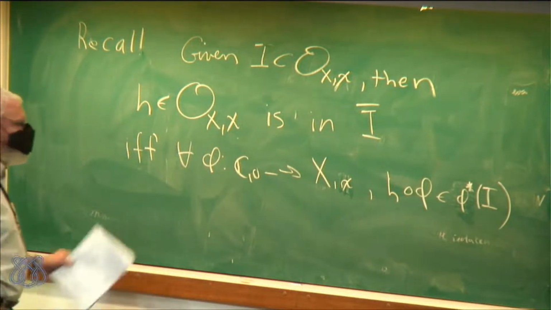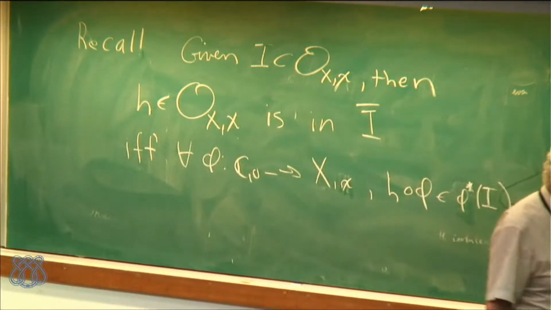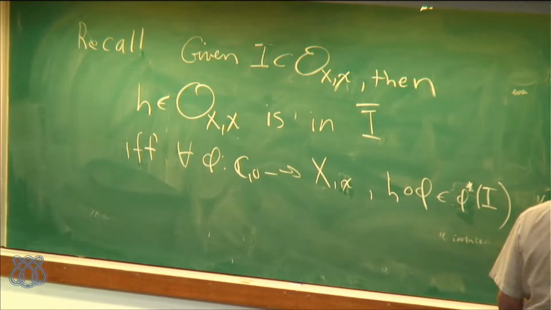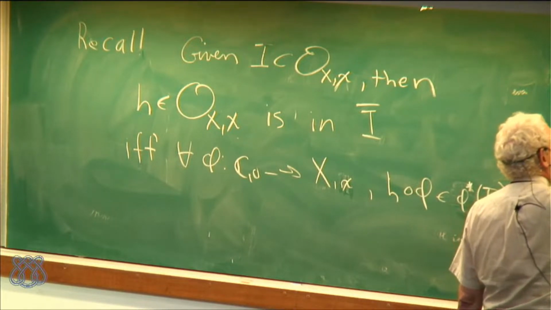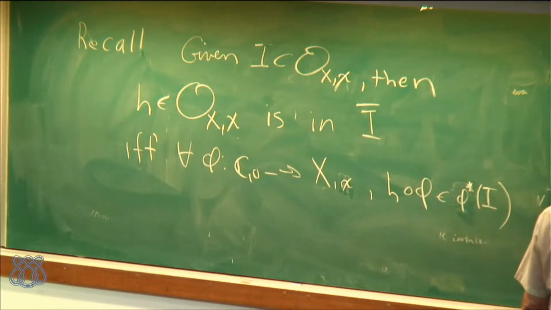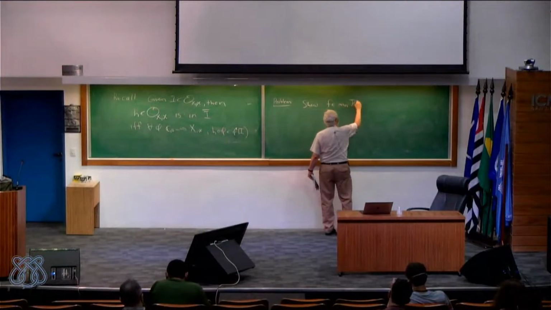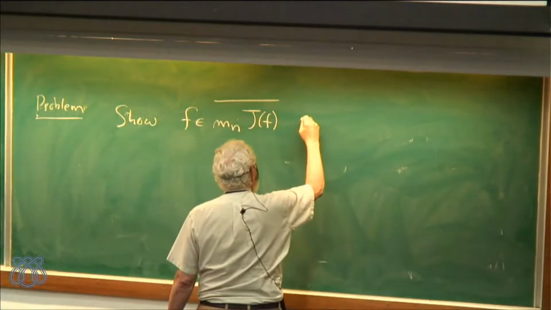So now let's see an interesting theoretical example of how this is used. Problem: show f is contained in the maximal ideal times the Jacobian ideal of f, for all f.